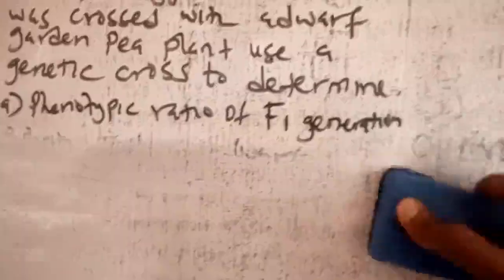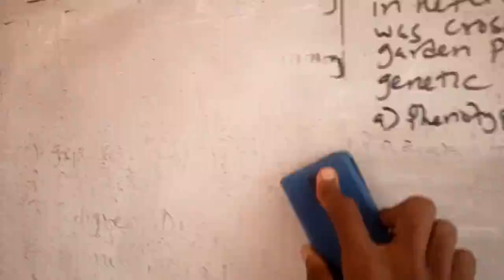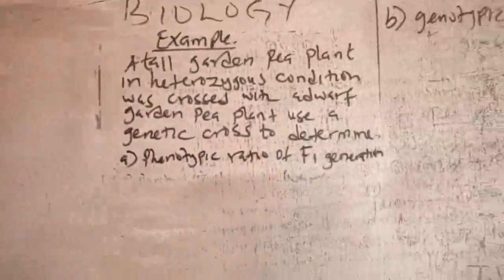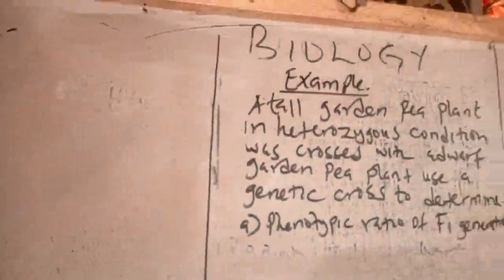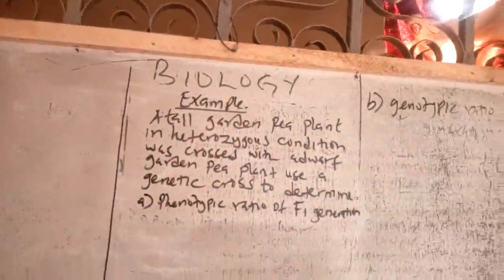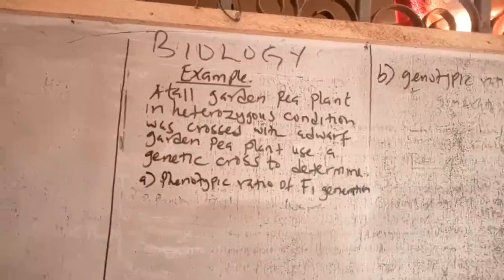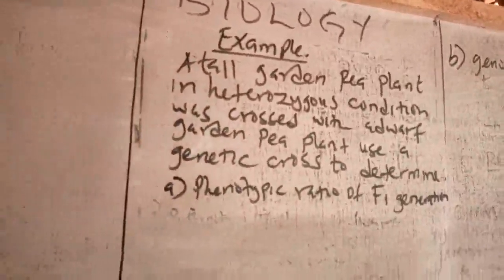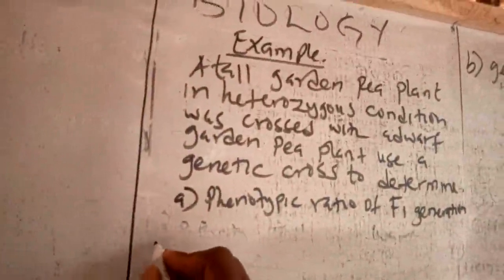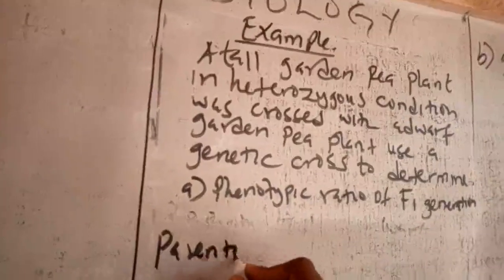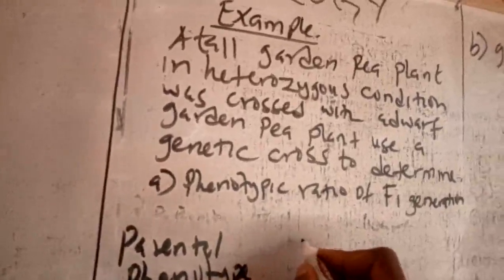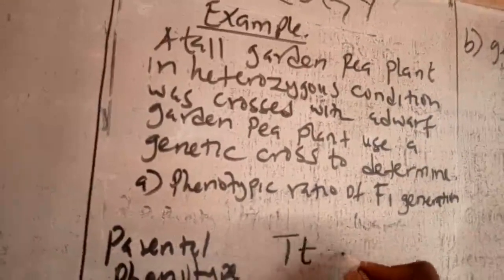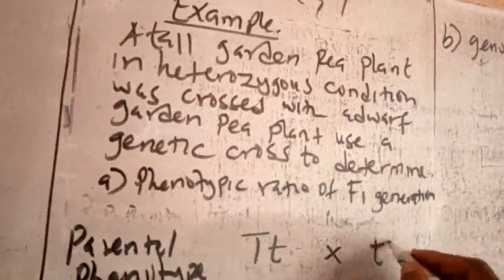As far as this question is concerned, you are told that a garden pea plant in heterozygous condition was crossed with a dwarf garden pea plant, using a genetic cross to determine the phenotypic ratio. Therefore a heterozygous condition for tallness, that is the parental phenotype, becomes capital T, small t, and then it is crossed with a dwarf.